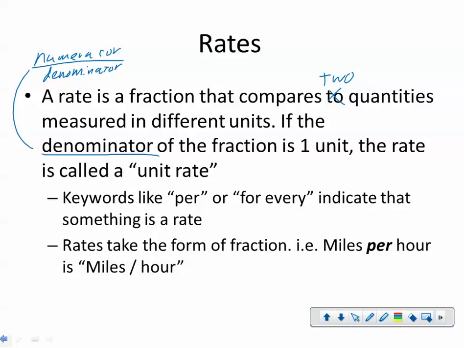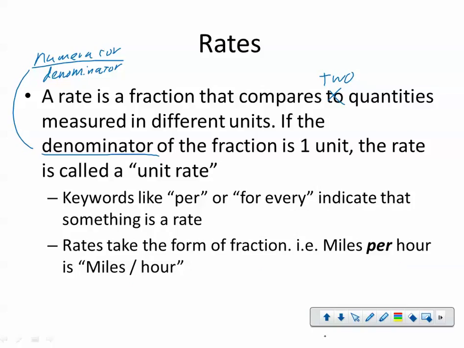So, a couple of keywords to look at. Keywords like per and for every usually indicate that there is a rate going on. For example, miles per hour. That per is a keyword that tells us that something is going to be a rate. And rates here take the form of a fraction.